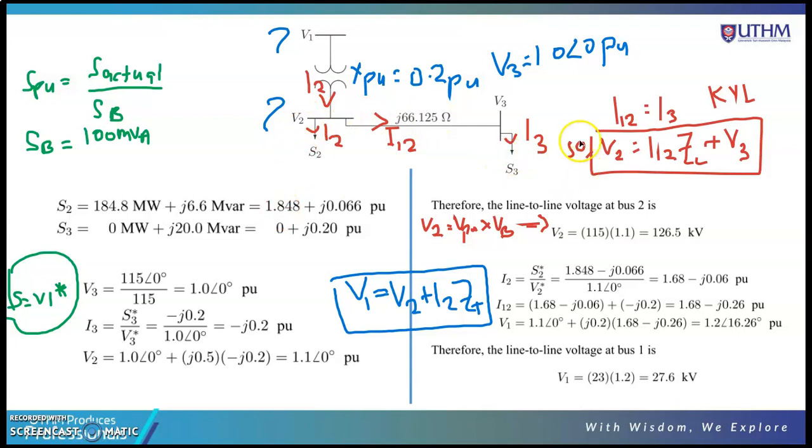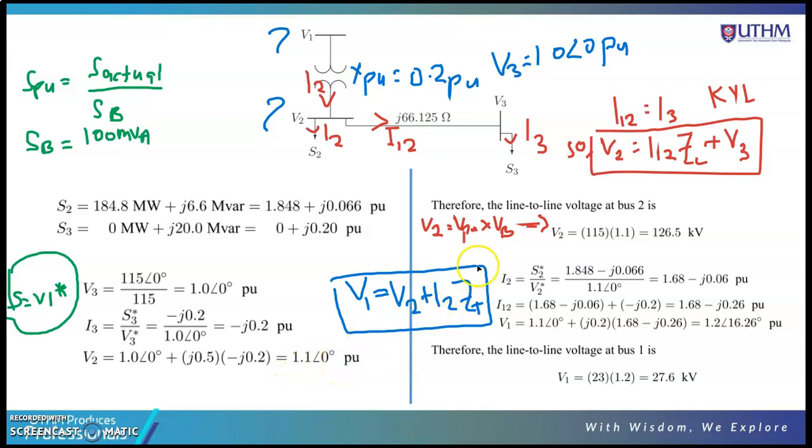From the Kirchhoff voltage law, V2 equals I12 times ZL plus V3. So you can solve for V2, and you get V2 in per unit, 1.1 angle 0 per unit.